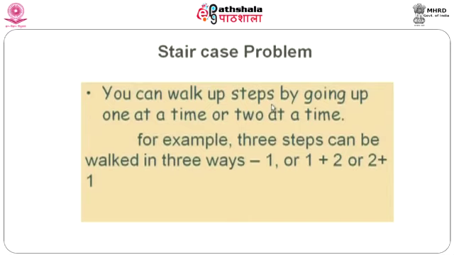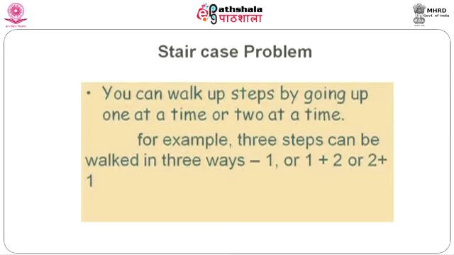Similarly, we can take one more example, that is the staircase problem. The staircase problem is like this, where you can walk up steps by going up 1 at a time or 2 at a time. If there are 3 steps, then we can walk up in 3 ways.